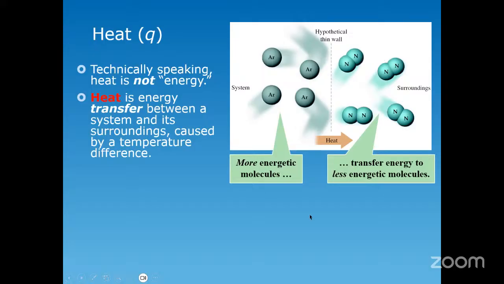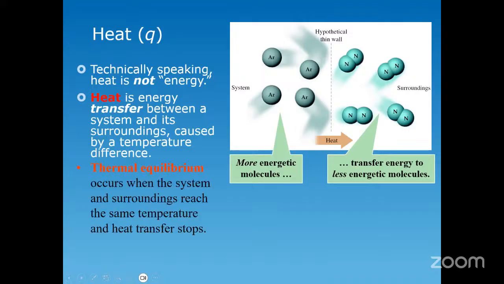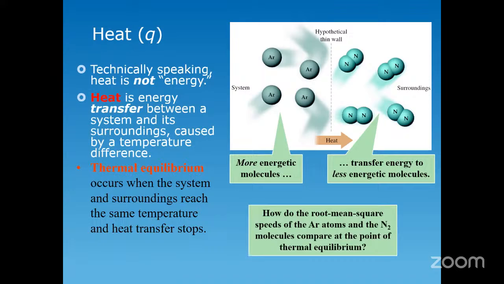So basically heat energy will be transferred from the more energetic molecules or atoms to the less energetic molecules. And that heat transfer will continue until both sides have the same temperature. We call that a state of thermal equilibrium, right? Thermal equilibrium is where you have the temperature on both sides of this particular situation being the same.